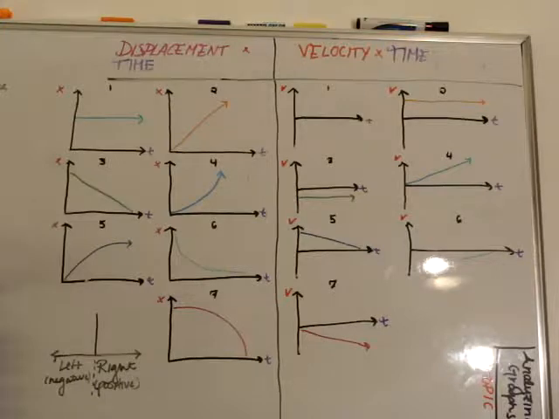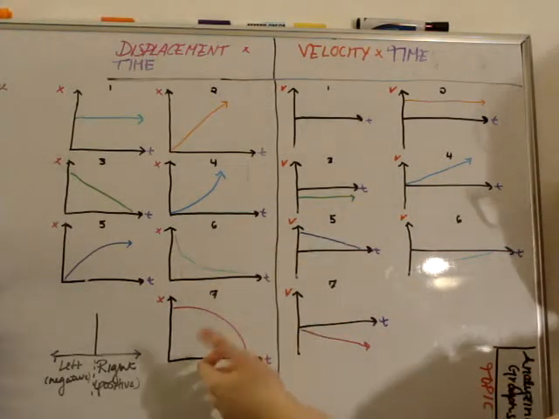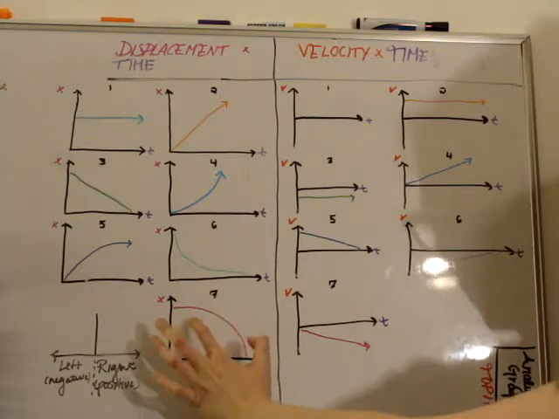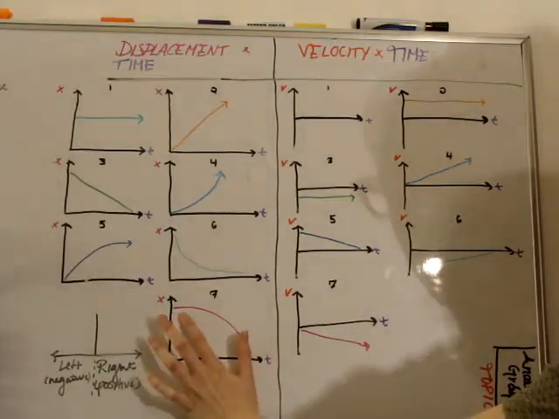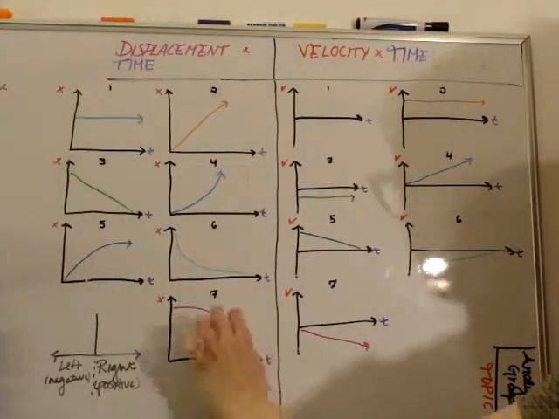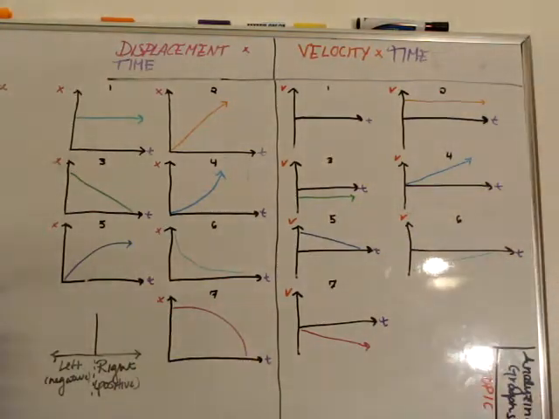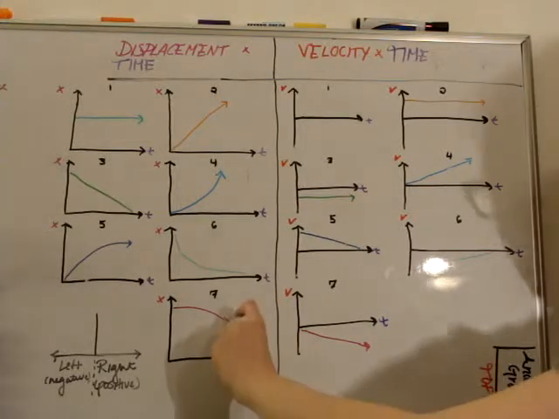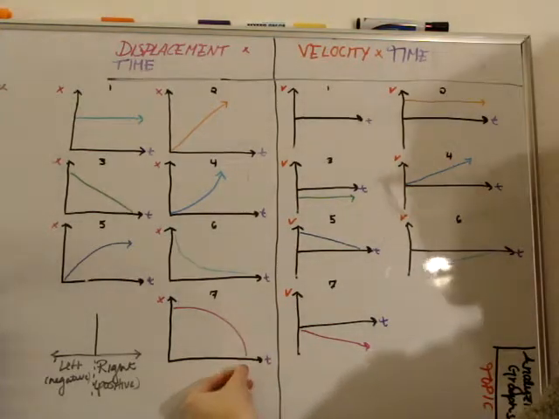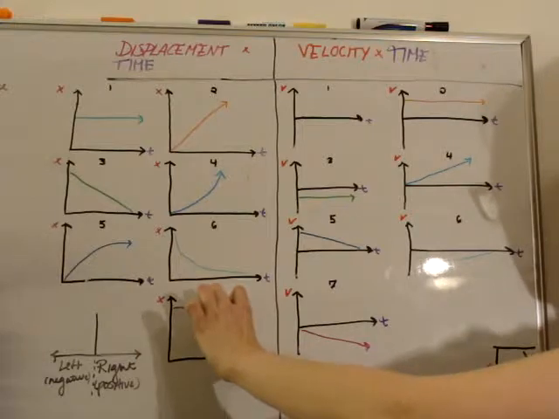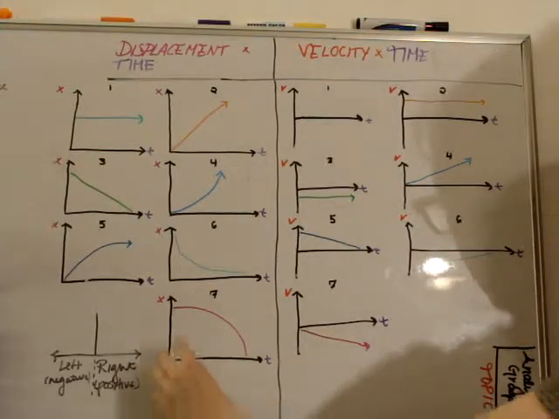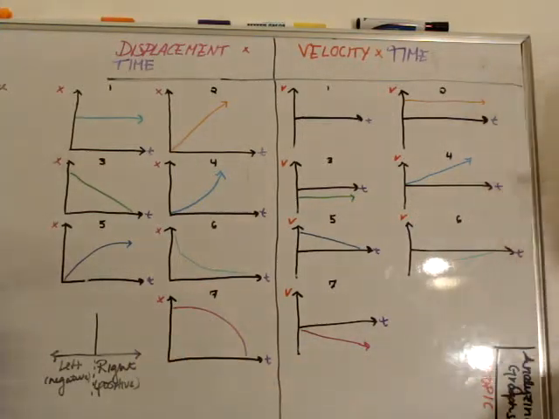And then lastly, graphs number 7, this one and this one here, they're going to represent objects speeding up in the negative direction. So again, looking at exponential trends, this is kind of leveled off. This change in displacement is bigger here than it is here. Although it is negative, it is still a change in displacement, and if this were like 4 and 5 seconds, this is still a much larger change in displacement than if you had 0 and 1, which is just this area over here.